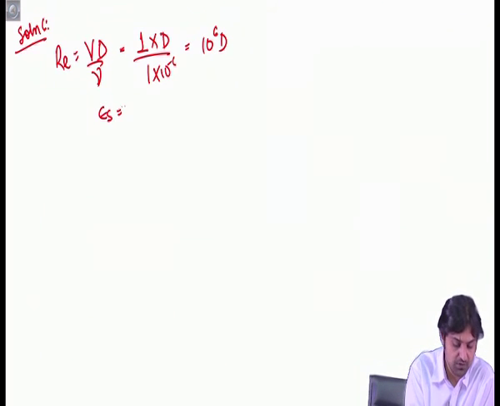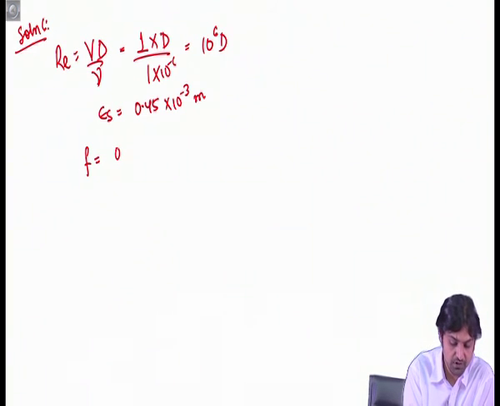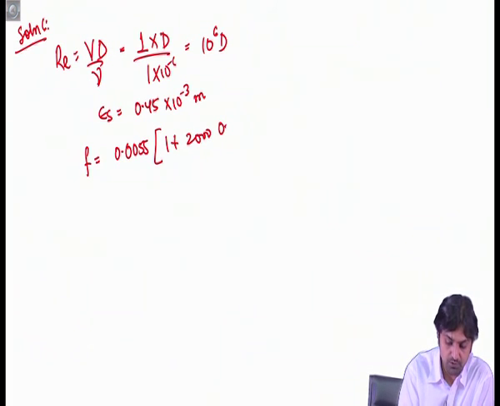We have already been given epsilon, that is 0.45 into 10 to the power minus 3. Now if we substitute, most of the things we know already, into 0.45 into 10 to the power minus 3 by d, because d we don't know, that is what we have to find out.